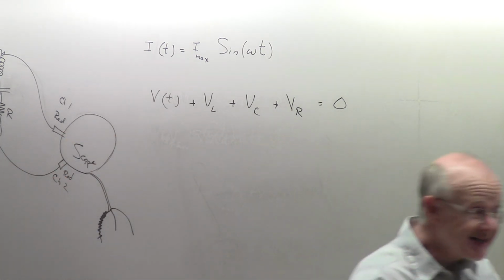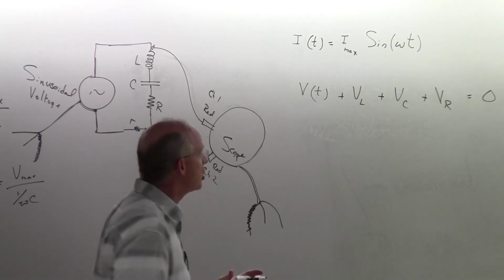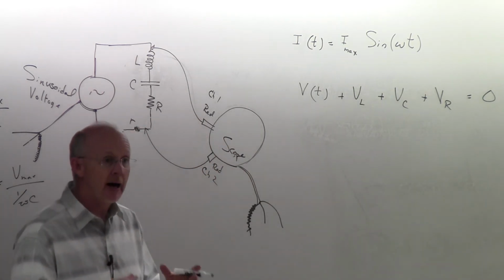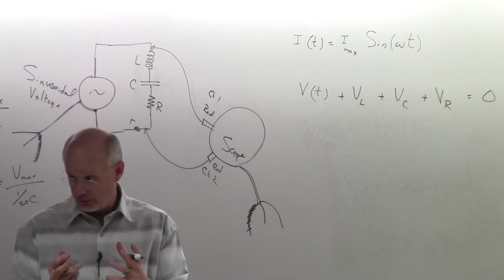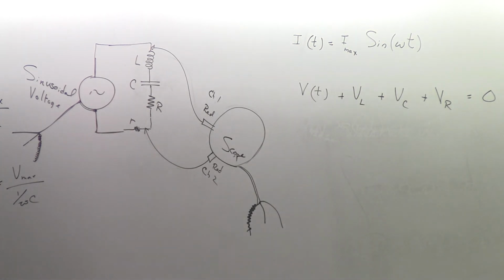And as the current gets set up through here, it's going to change with time. Now, the reason I want that is I need some kind of relationship between my current and my voltage. Okay? So if I was making a graph of current, so blue for current, it would look like this now.